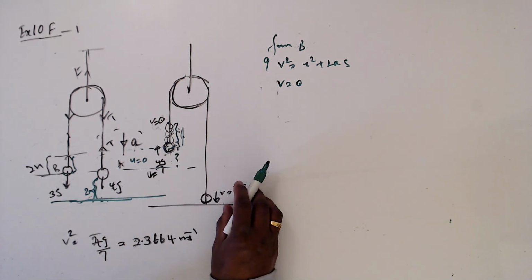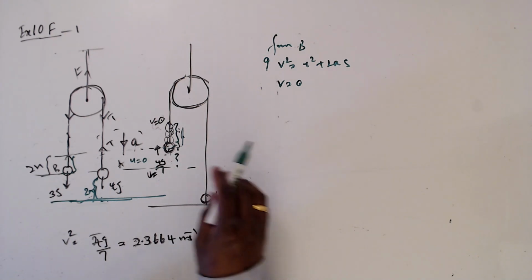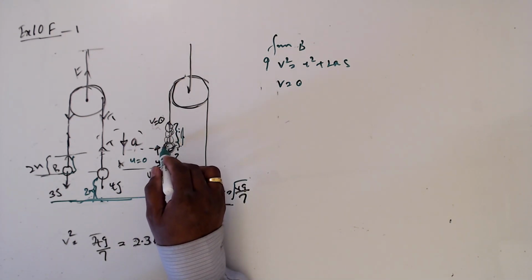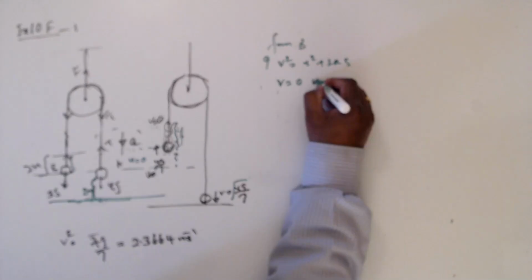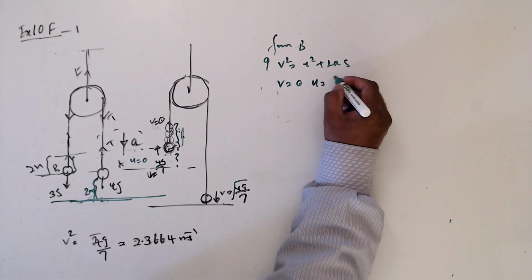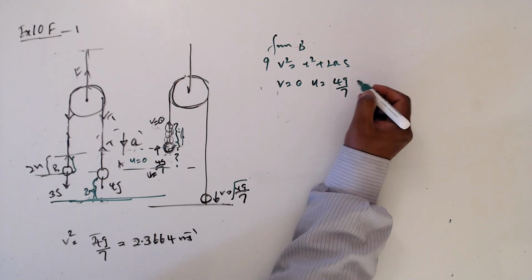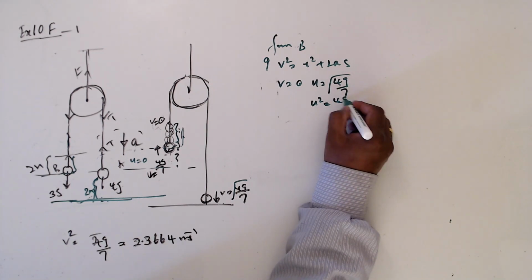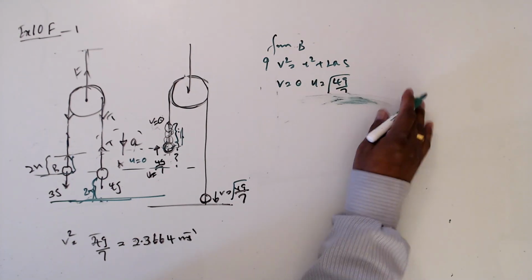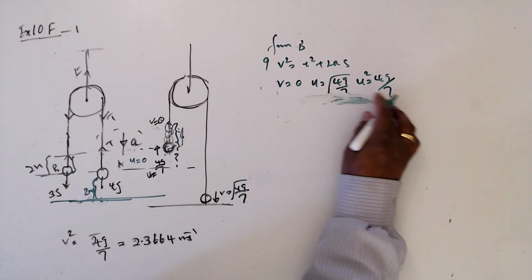It is the same speed it is moving upward when it hits. So U is square root of 4g over 7, so U squared is 4g over 7.